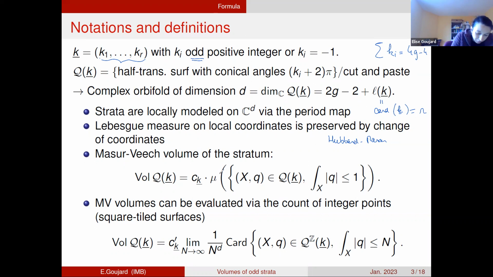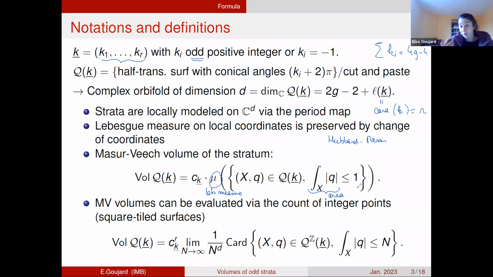So this mu is this Lebesgue measure. So what is this formula? You consider only the surfaces of area less than 1.